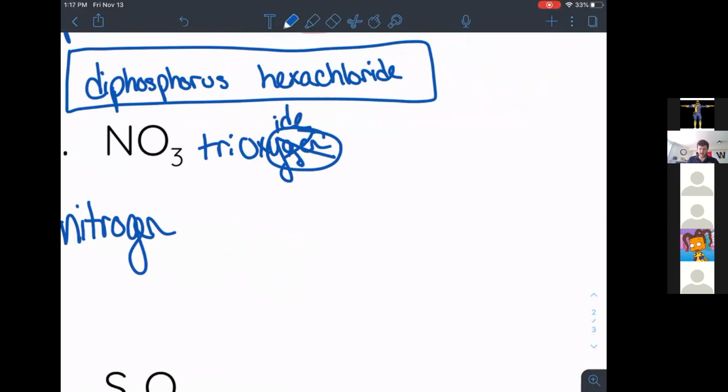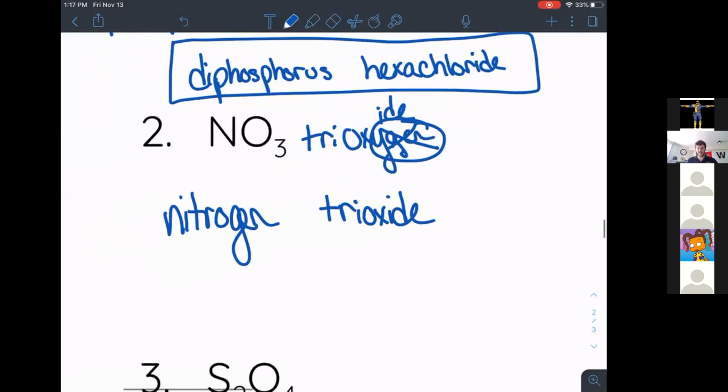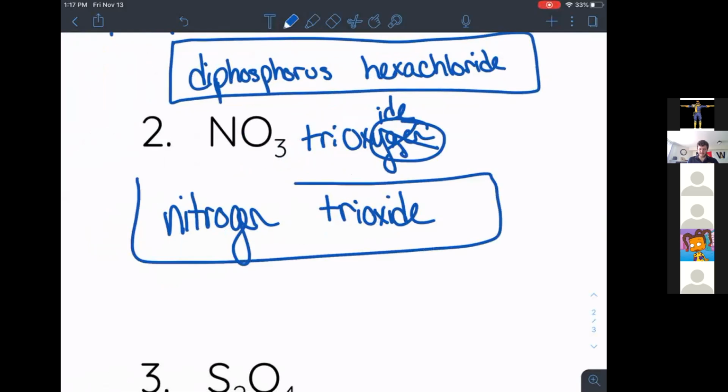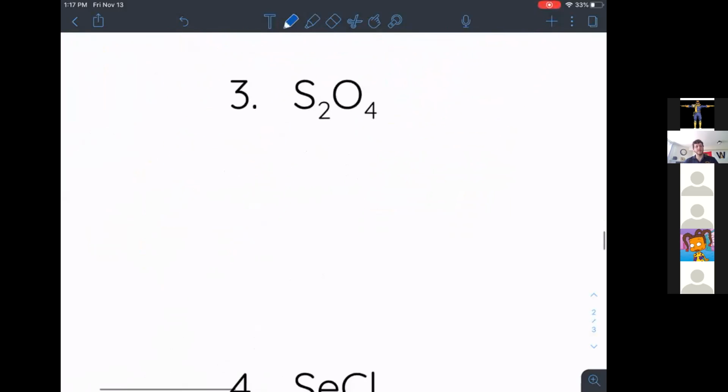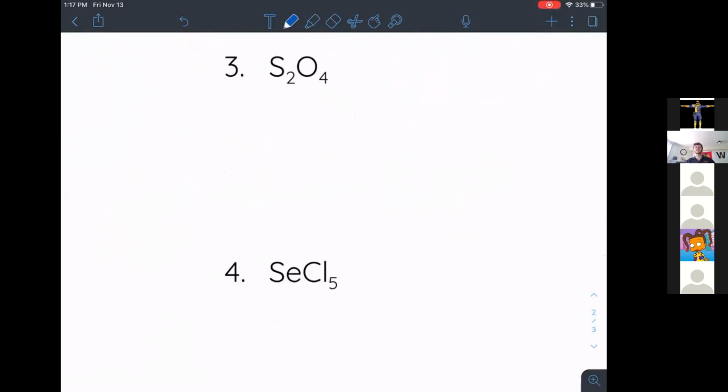And we're going to put that right next to nitrogen. So trioxide. So nitrogen trioxide. Any questions? You guys think you can try 3 and 4? All right. Let's take about 2 minutes and try 3 and 4.